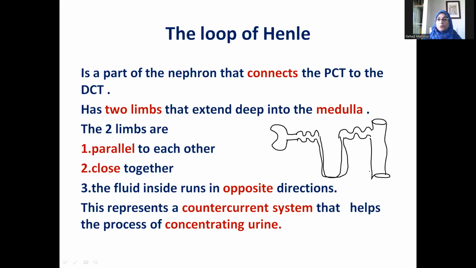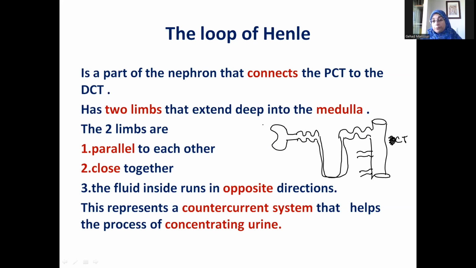The collecting duct collects urine from several nephrons, and that's why several distal convoluted tubules open into the same collecting duct.